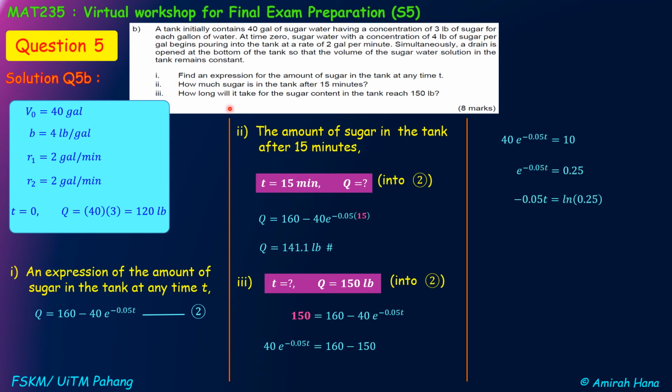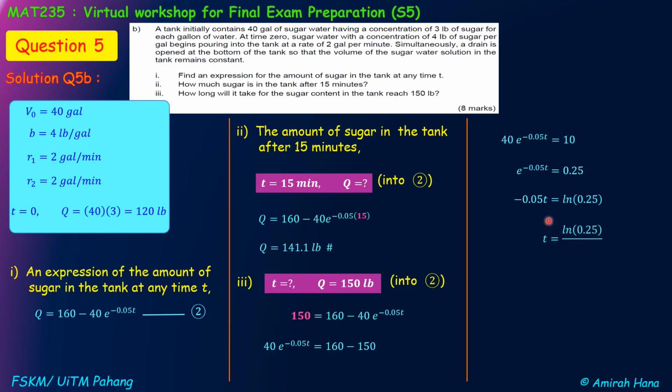Now we want to find t. So we move e to the right hand side. The left hand side is negative 0.05t, and the right hand side, after we move e, is ln 0.25.